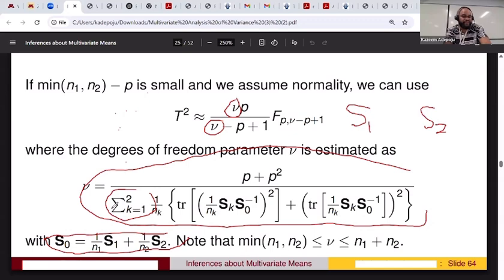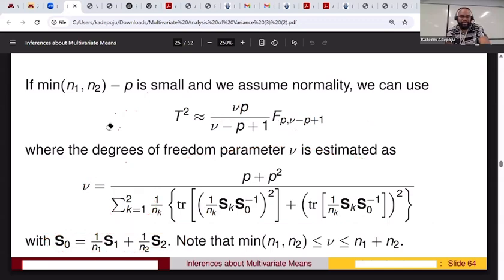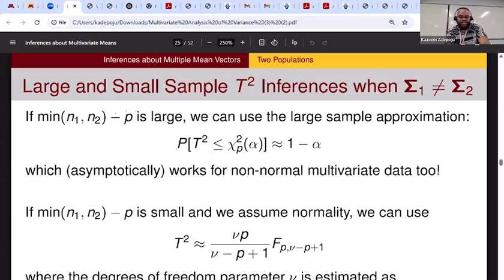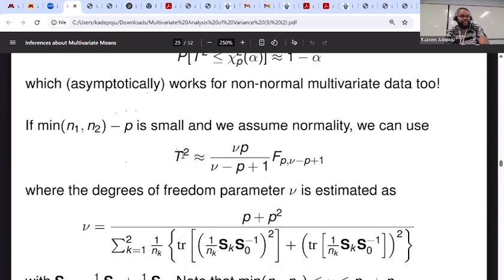So please pay attention. Now, what are we trying to do? Don't forget, why do we find ourselves here? If the sample size is large, the t-square is going to be that. Oh, sorry. If this one is small, what do I mean?